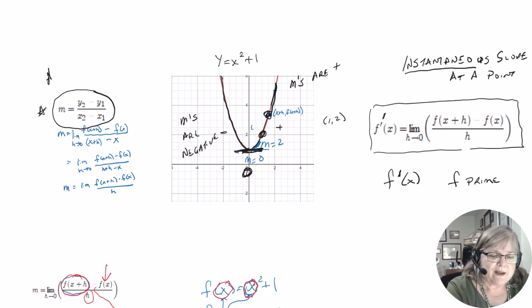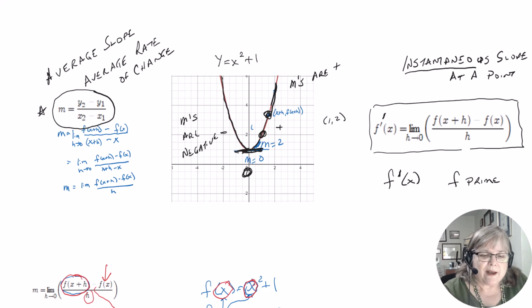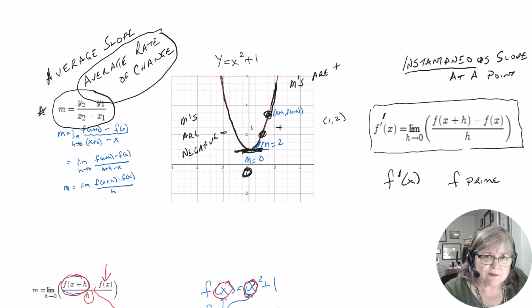This is called an average slope, or in calculus, they typically call it an average rate of change. So if they are looking for an average rate of change, they are asking you to go back to the original algebra definition and use this y2 minus y1 over x2 minus x1.